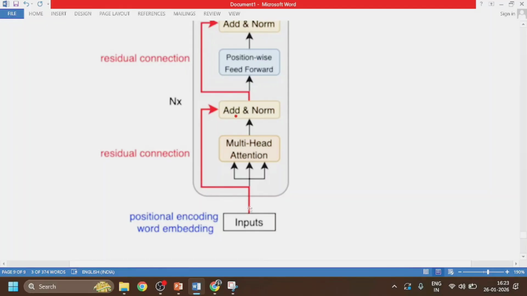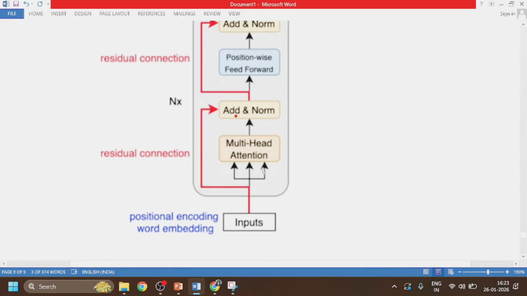Residual connection means we add the input back to the output, so the model doesn't forget the original information. In RNN and LSTM we forget the input, but with the help of residual connection we can remember what we have in our input. This helps prevent vanishing gradient. In one line, it is like keeping a shortcut in the network.